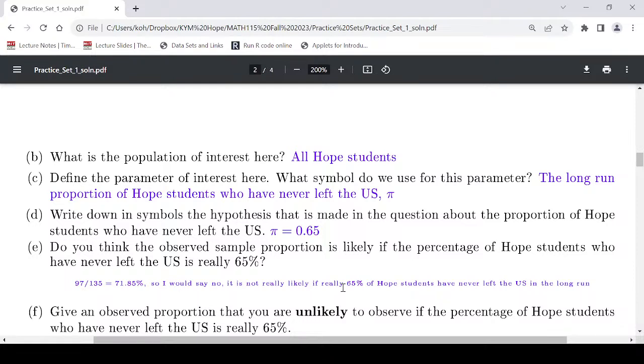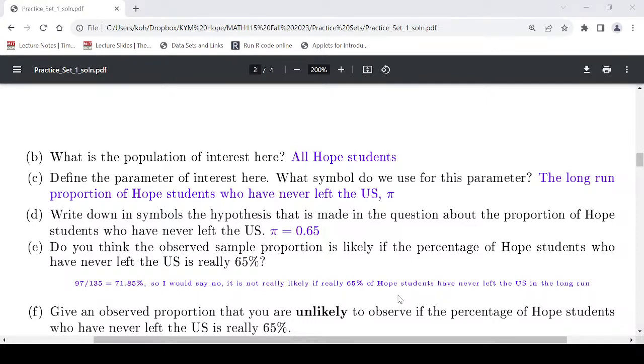Right, so this is what I want you to tell me in the chat right now. If you have done this, what is the fraction of simulations where you get 71.85% simulating at 0.65? Can you all just add your answer to the chat?